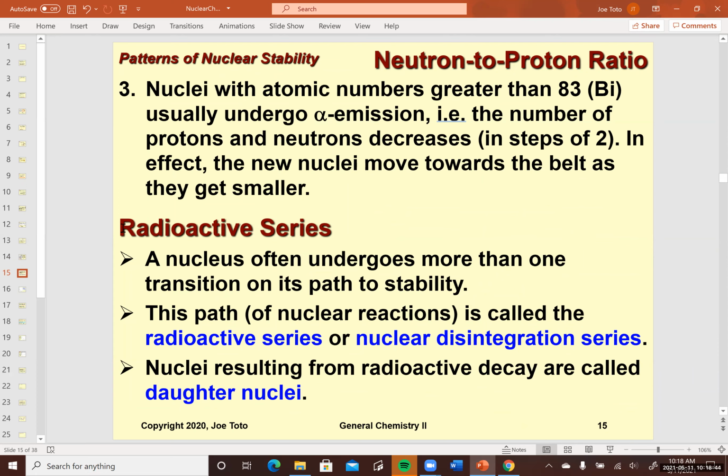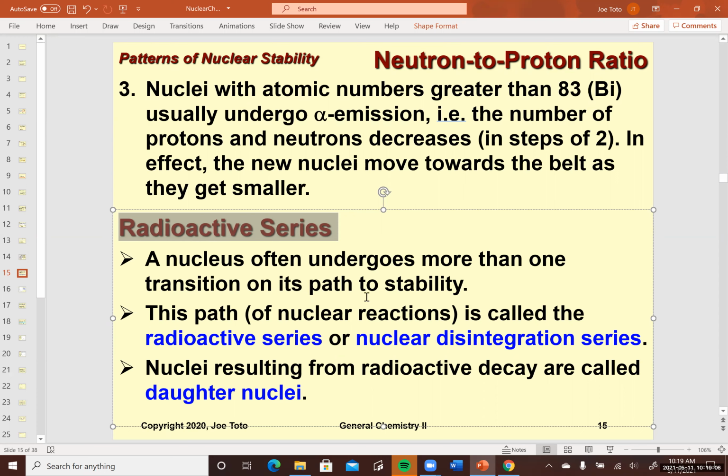Now, sometimes when you look at very massive isotopes and their decay, they go through a series of decompositions and eject a series of particles and new atoms.